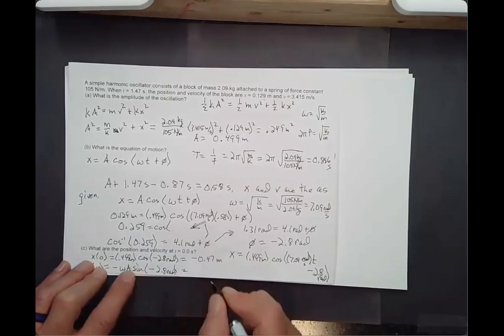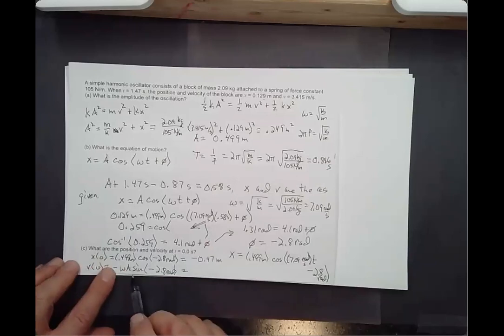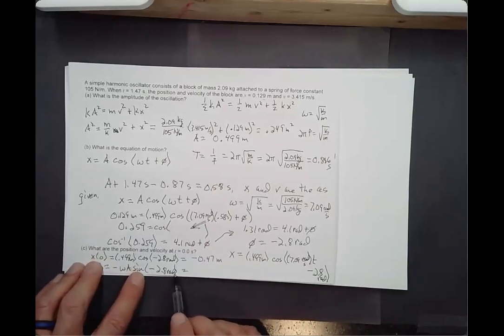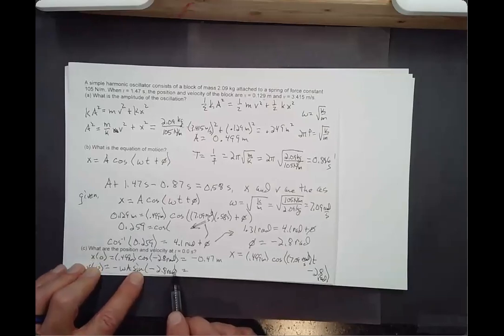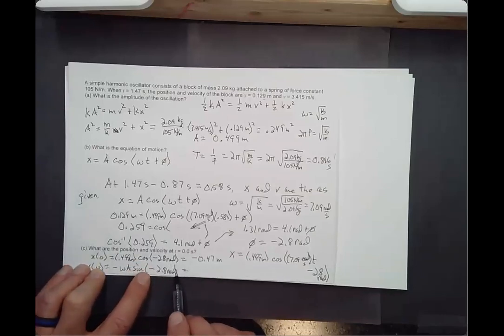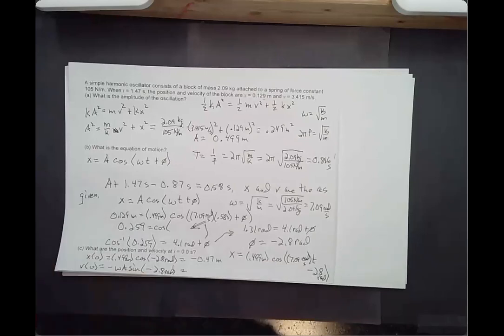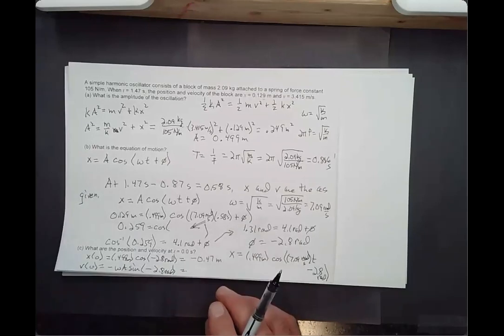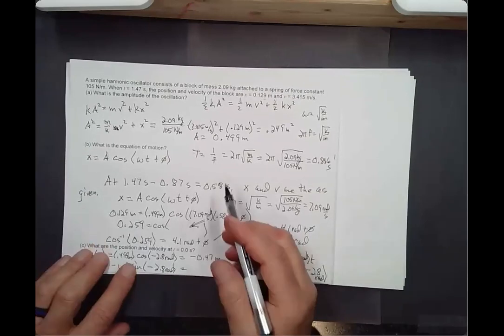And I expect this to be positive because this is negative out front, but the sine of a negative argument is negative. Actually, how did I get that there? Oh, I guess just because it's 2.8 radians. Actually, I'm not positive about this. The sign could be positive or negative out there. I'm not sure. But I'd have to plug in all the numbers.